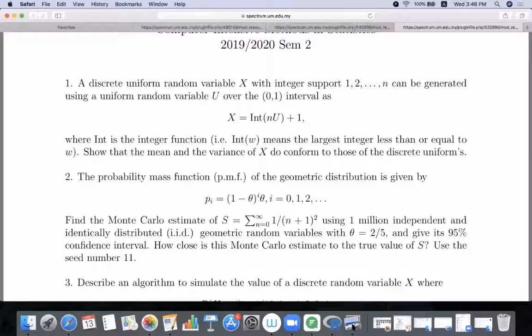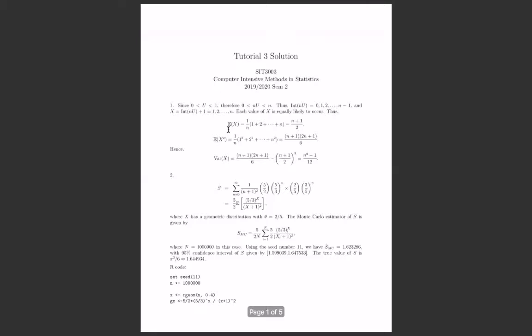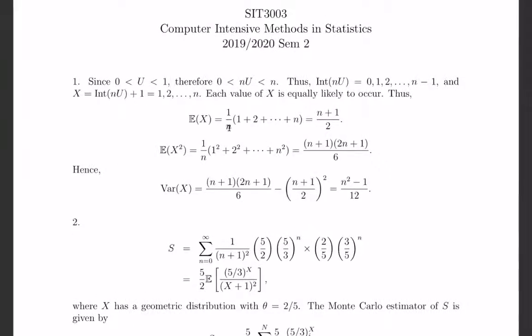So you look at the solution, right? Later I'll post this up, okay? So, all right, basically for your integer part of NU, first you have to figure out its range, right? This is very easy. Your U is between 0 and 1, so your NU is between 0 and N, right?